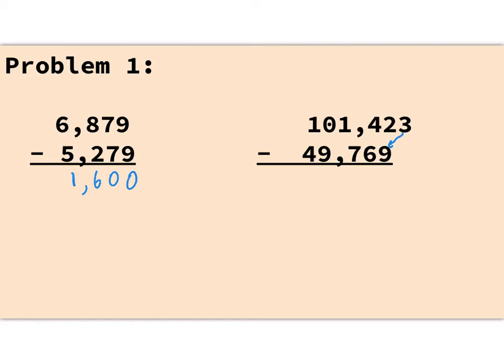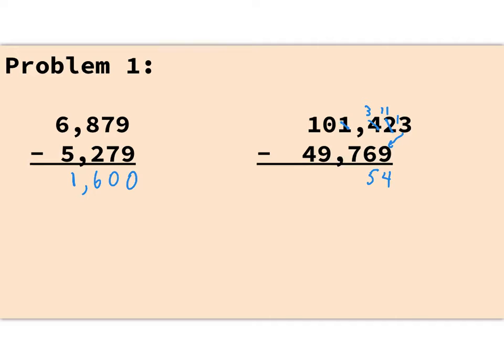So now this is an example of double borrowing. We have to borrow a 10 from the 2 and make this 13 minus 9, which is 4. But look now, you have 1 minus 6. So you're going to have to borrow again to make this 3 to make that 11. 11 minus 6 is 5. Now we have 3 minus 7, which we can't do.